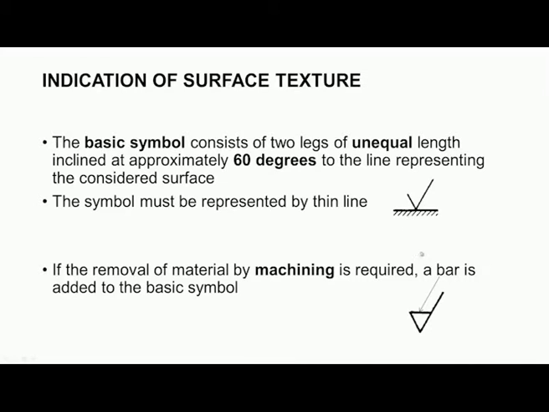If the surface is to be made by some machining operation or by some removal of material, then you can see here a bar is added. This indicates that machining is required, that means we have to remove the material by a machining operation, like maybe turning, milling, or shaping.